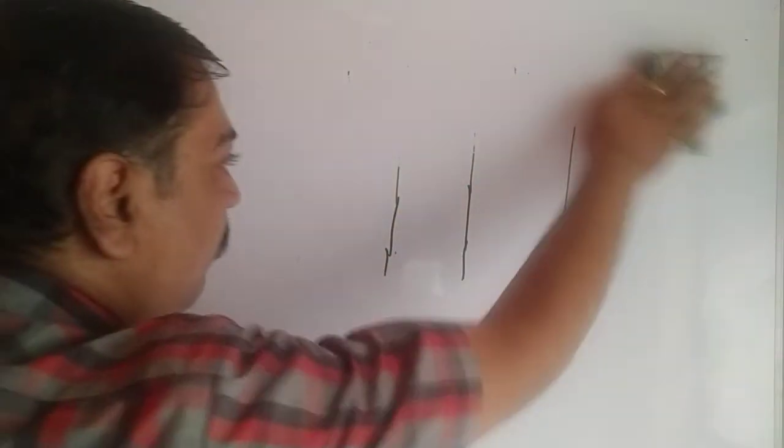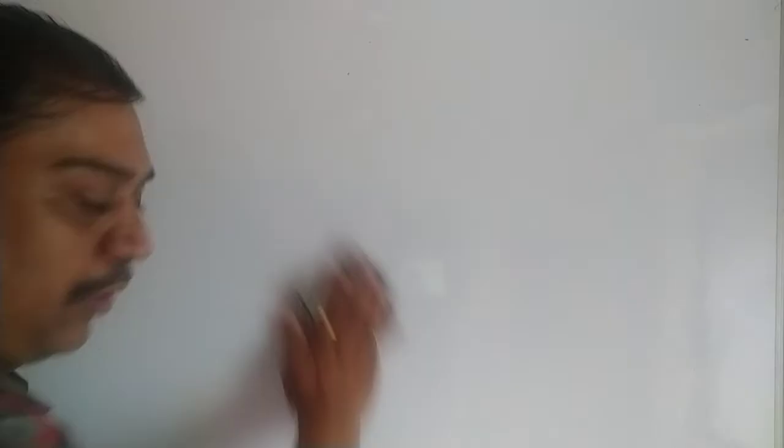So let's go further. I think it is better to stop here. In the next period we start with the next topic, Poisson's ratio, which they have given here. That topic will start in the next period. Just try to view the video and understand it.